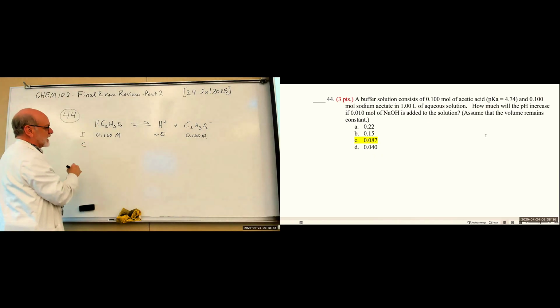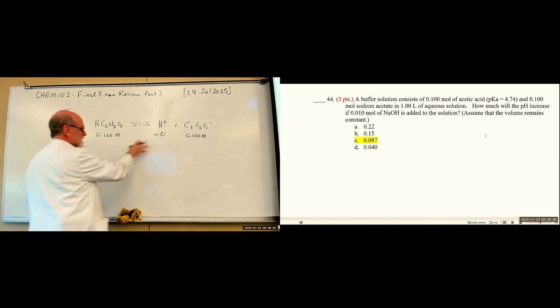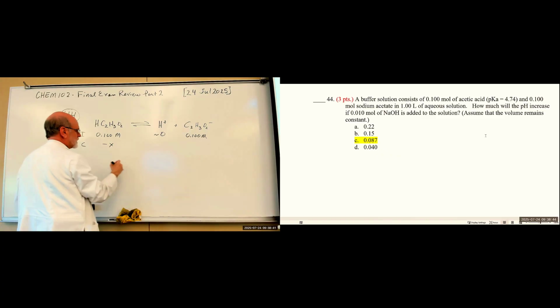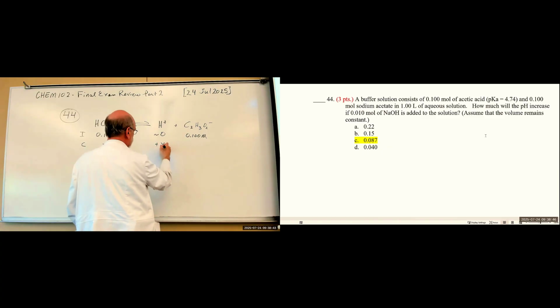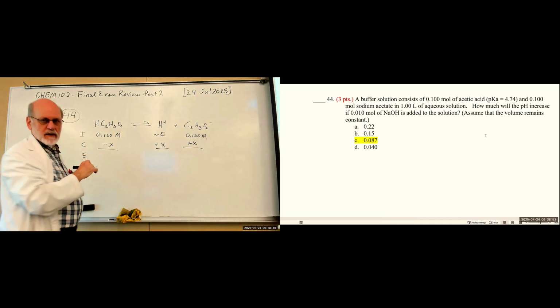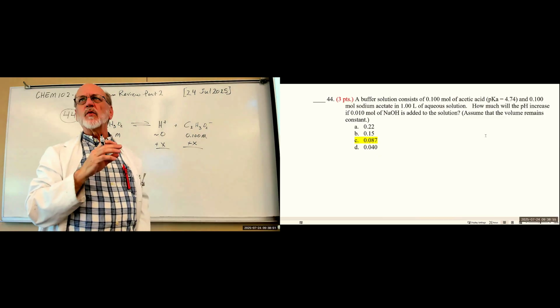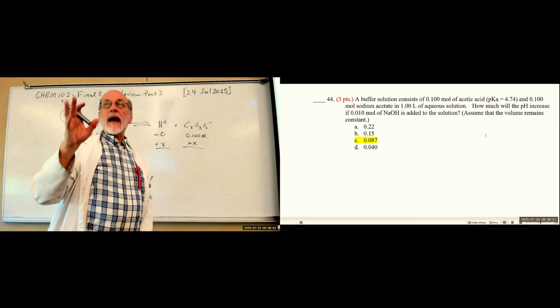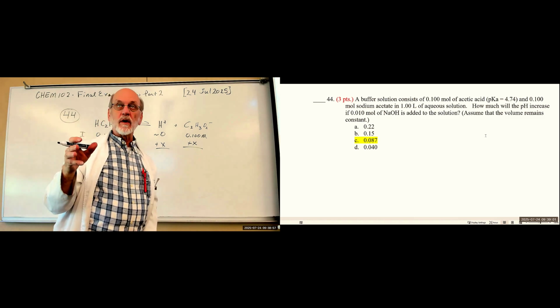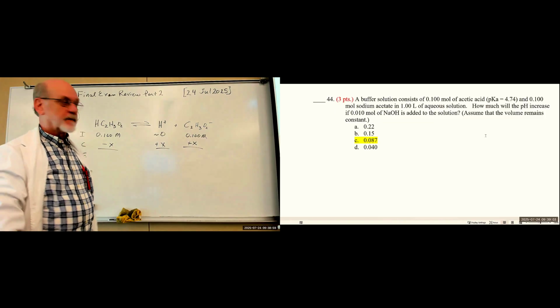So what change are we going to get? Well, if we consider this 0, then this is going to be decreased by a certain amount, like minus x. And this is going to be plus x, and this would be plus x. And at equilibrium, wait a minute, was I given some more information? Oh, how much will the pH increase if 0.01 mole of sodium hydroxide is added?